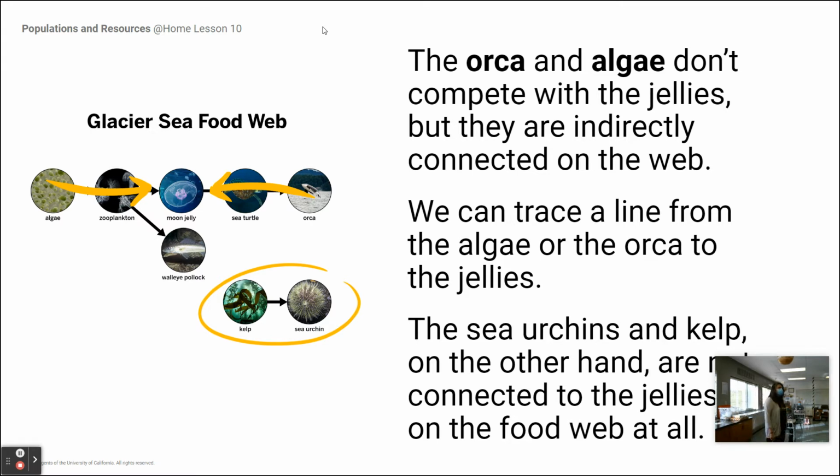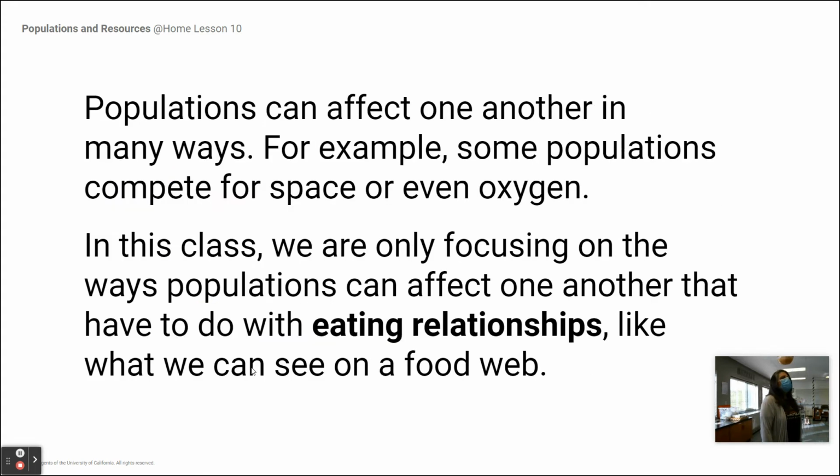That means that we can trace a line from the algae to the moon jellies, or from the orca to the moon jellies. However, the sea urchins and the kelp, on the other hand, are not connected to the moon jellies at all. They're not indirectly connected. There's no way to get to the moon jellies from the kelp or the sea urchins.